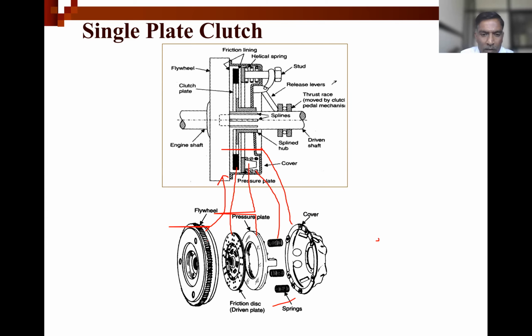So this one is the flywheel and you can see this. This is the ring gear. Yesterday we have seen such ring gear is required to provide the cranking. And हे flywheel वर माउंट केलेले असते. Such ring gear or ring which is mounted on the flywheel. Okay.